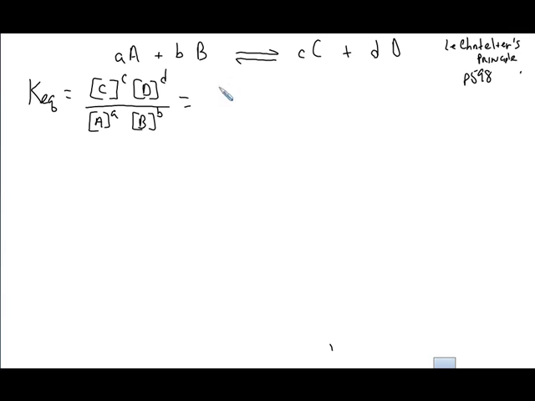But the thing I want you to look at here, and understand how straightforward this really is, is that this is comparing the quantity of products to the quantity of reactants. Now look at this from a logical point of view. What this says is that these reactants are going to go forward and produce these products. Well, the more products you produce, the bigger the number in the numerator, and the larger this Keq value.